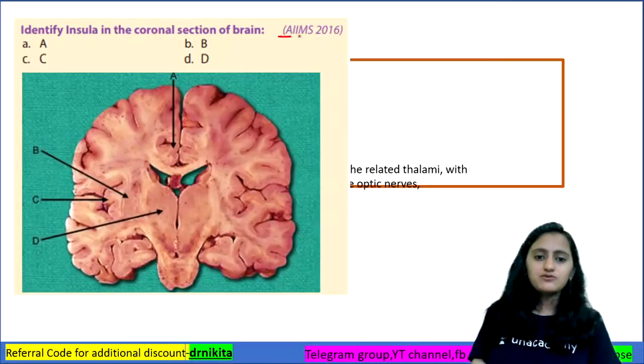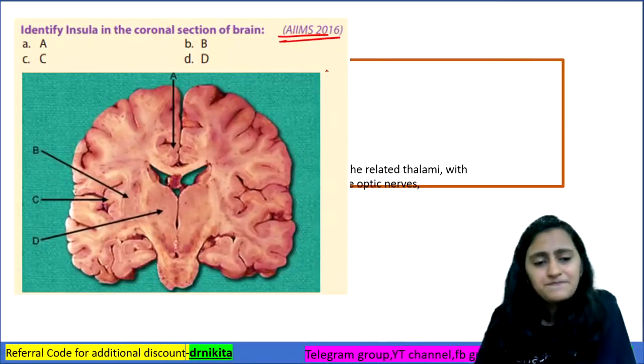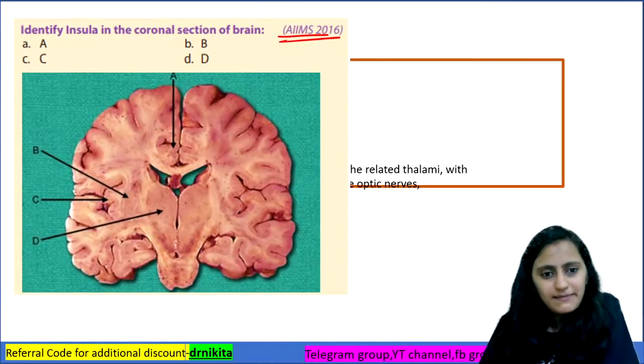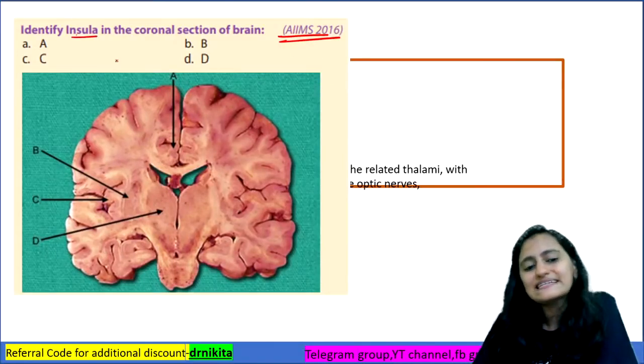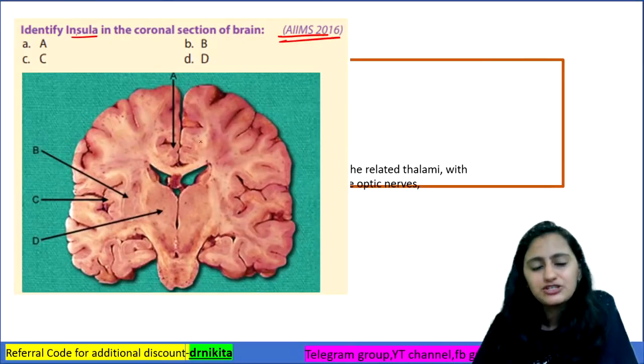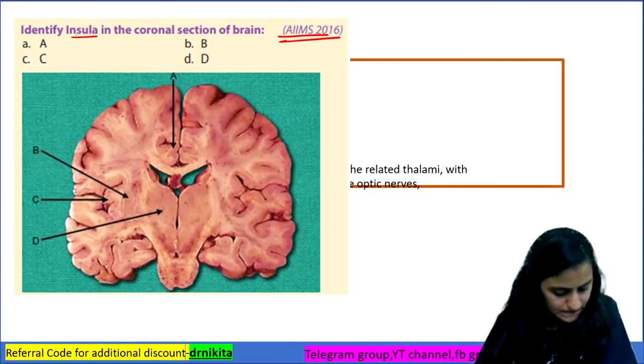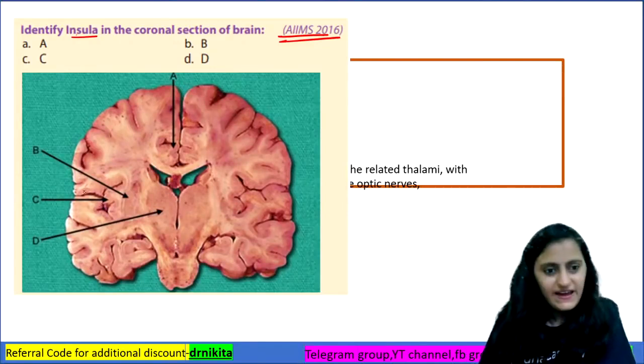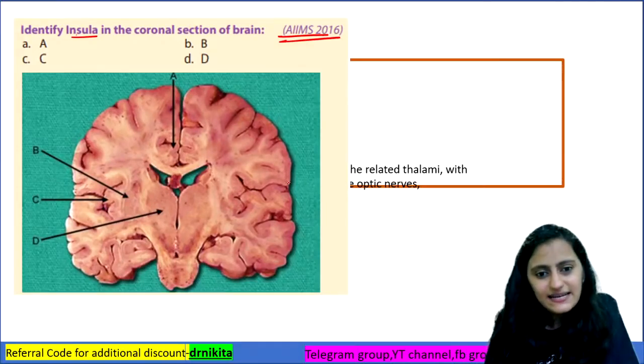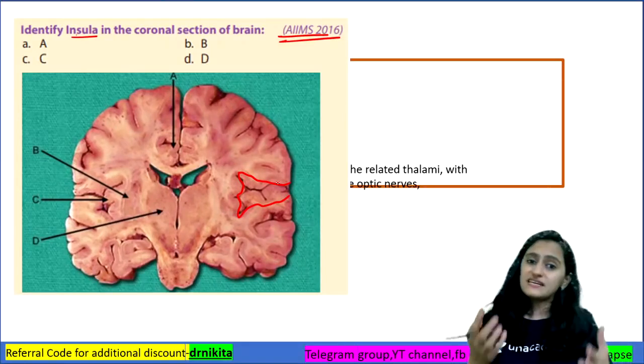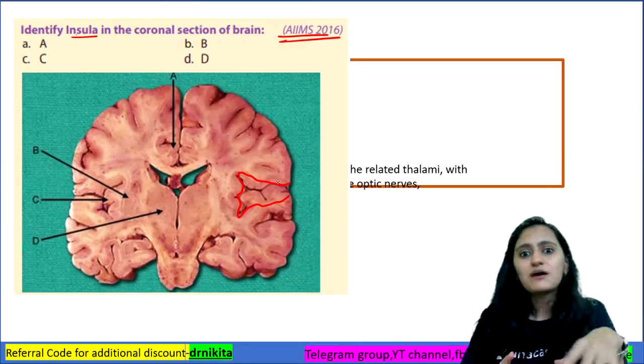Now this is a question which was asked in AIIMS 2016. I've just put the image. The question was identify the insula. Which structure here in the image do you see that it is insula? Very correct. So this is the insula. We have seen in radiology sessions, insula means island.